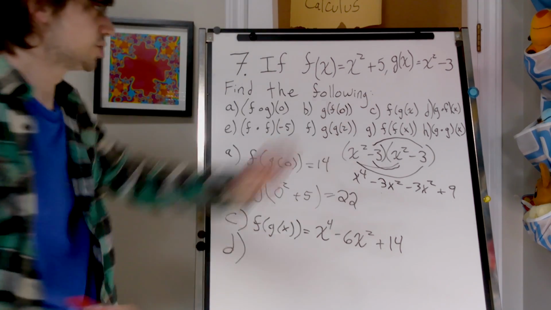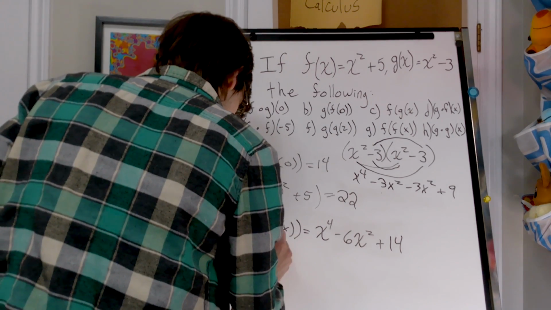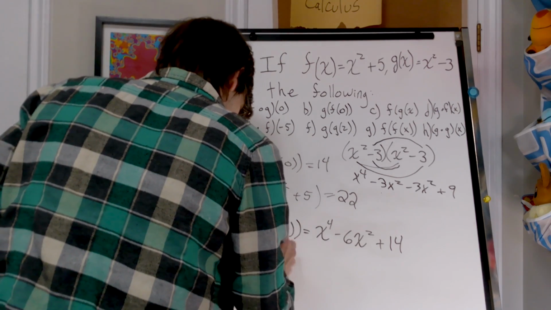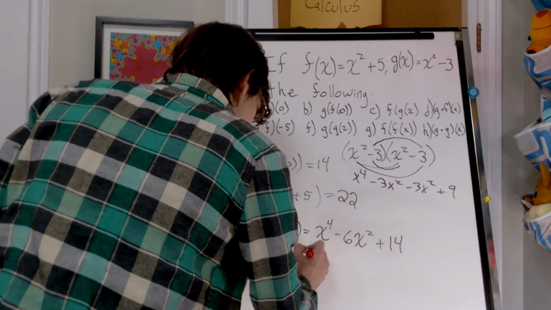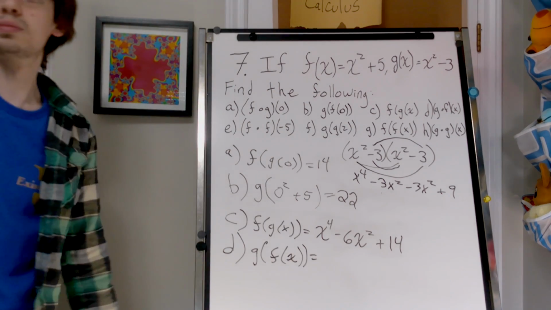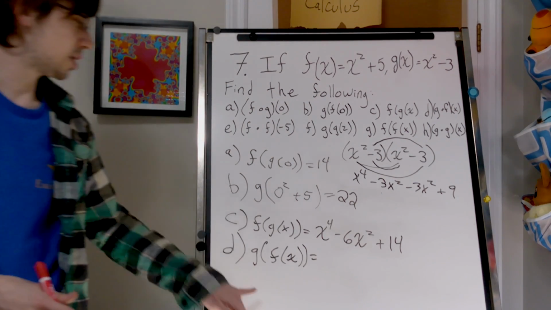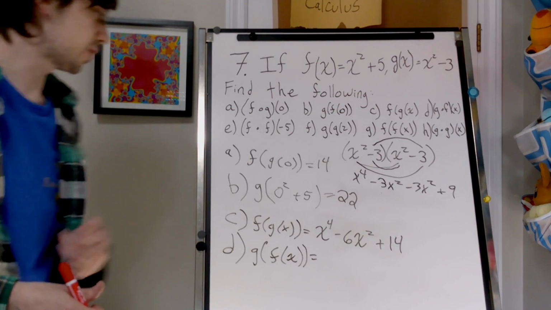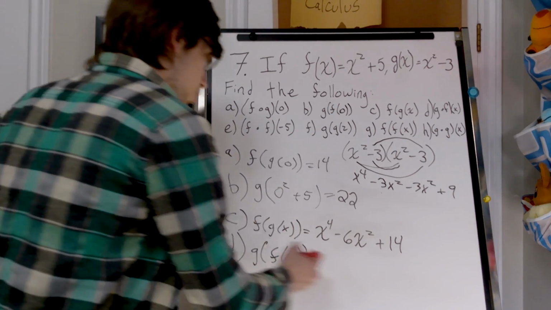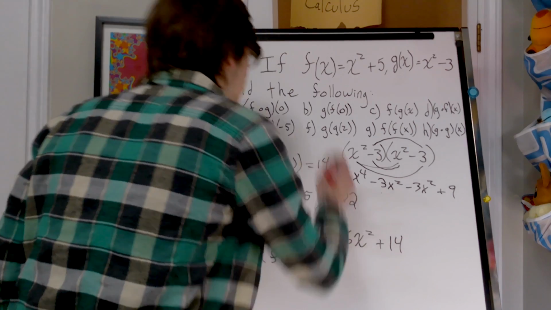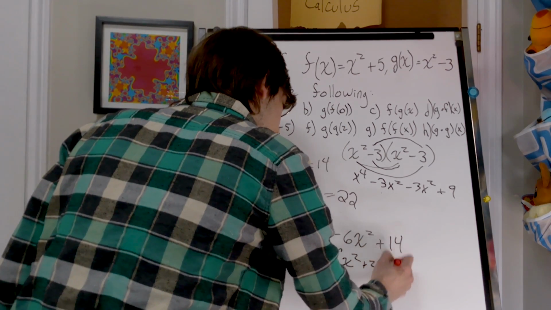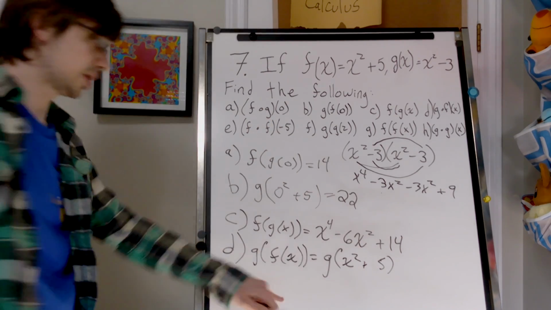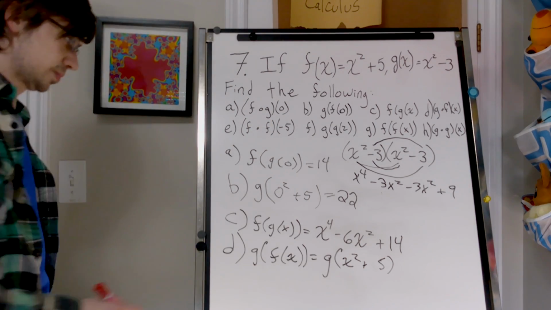D. G composite F, which is just G of F of x. So, same thing, but in reverse. So this time it will be G of x squared plus 5.